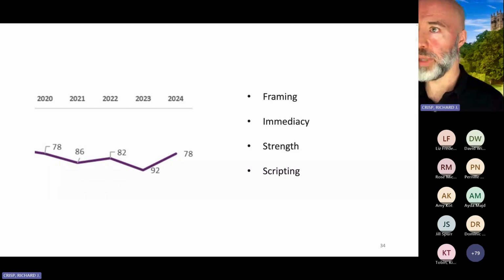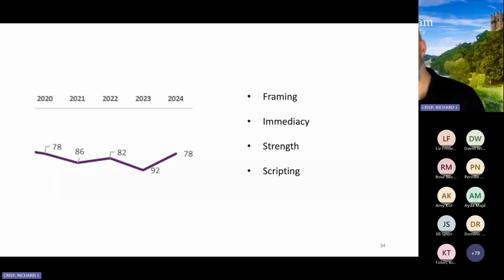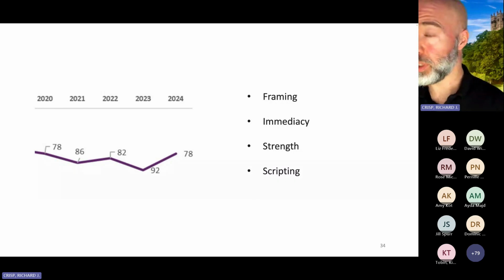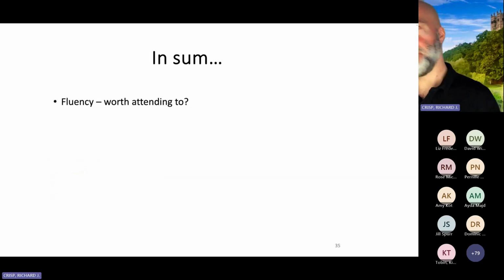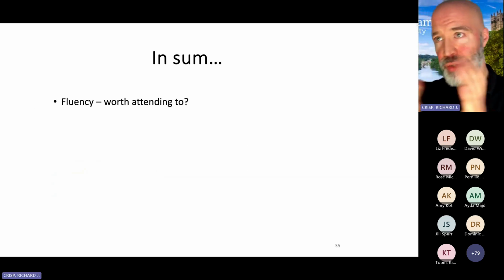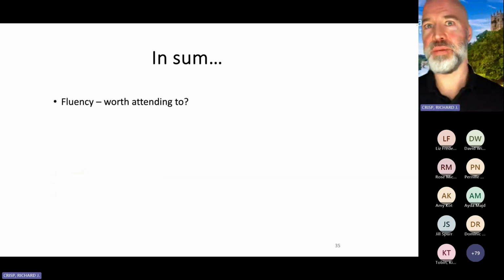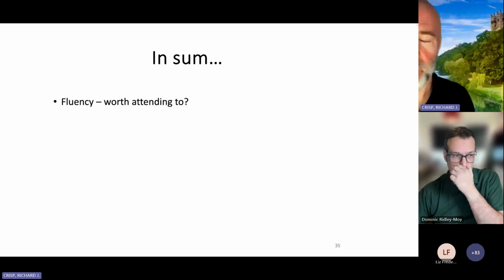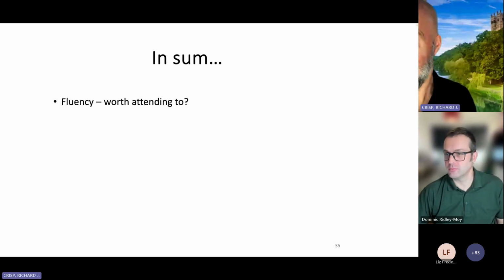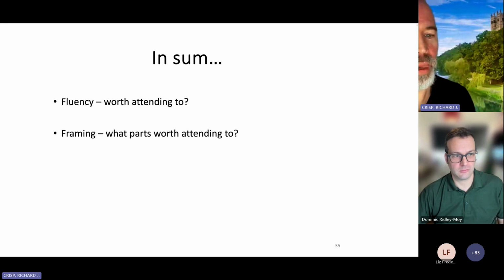It was all about behaviour change and framing the communications in a way which would engage people and get them to see the importance of something, engage with it, and have the impact on behaviour change that we were looking for. So in sum, fluency. When you're crafting your communications, think about fluency so that your audience knows it's worth paying attention to.